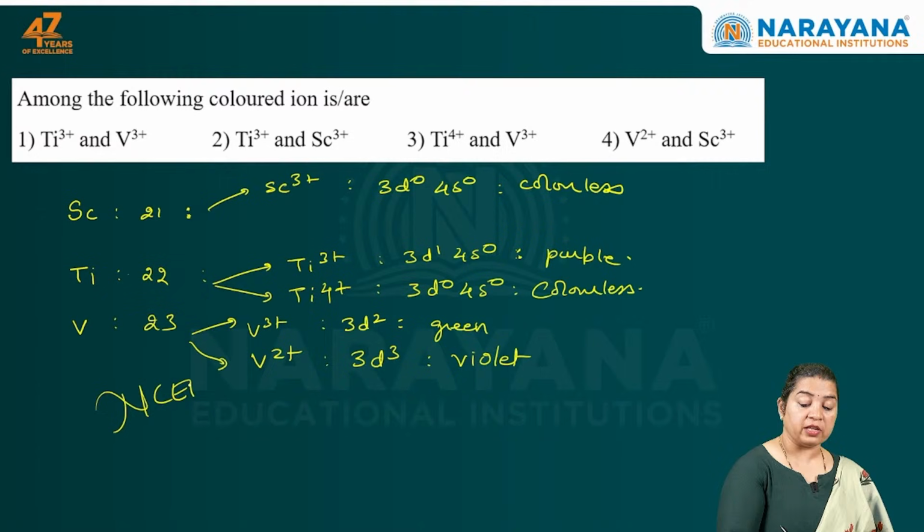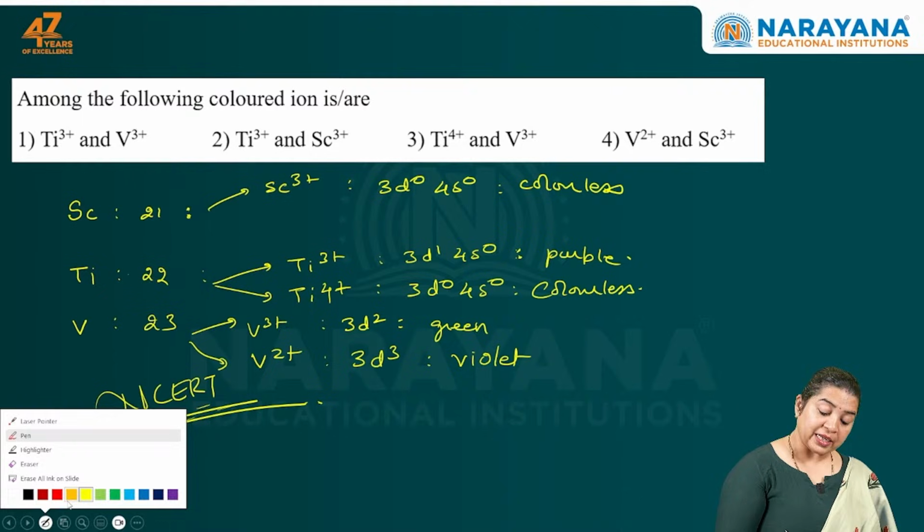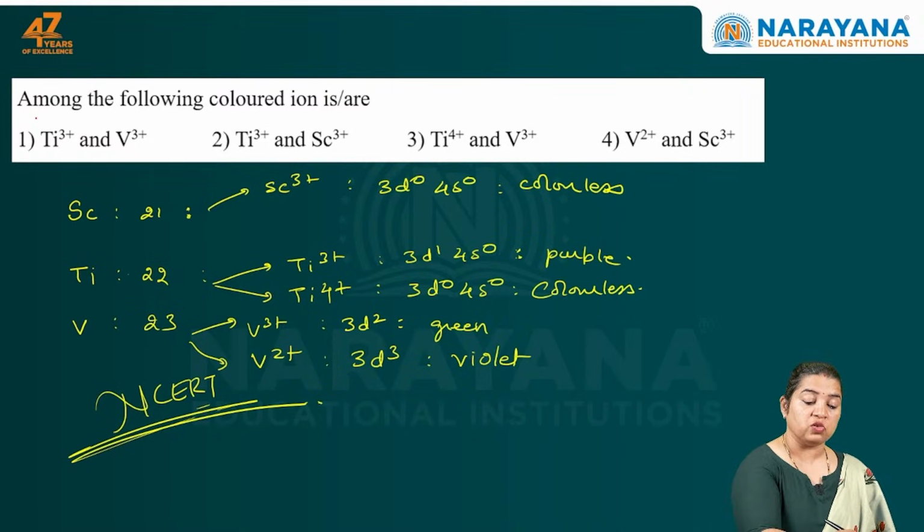Please refer to NCERT for these questions. These are directly from NCERT. There is a clear table for these ions mentioned there. So, reading NCERT is our suggestion to you repeatedly for mains, advanced, every exam.